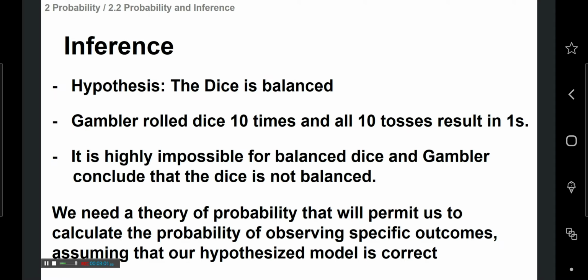That would be very unlikely, which means that the dice may be highly skewed toward one. Maybe it is weirdly shaped. I don't know, but anyway, we do some inference using probability.